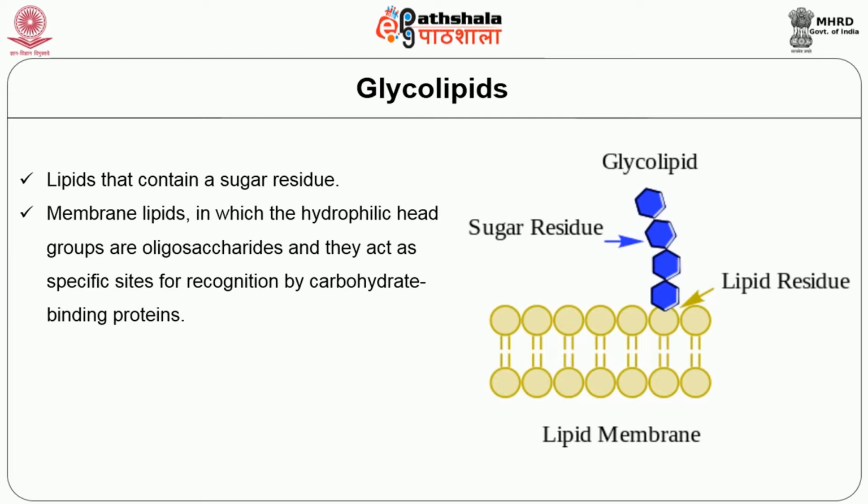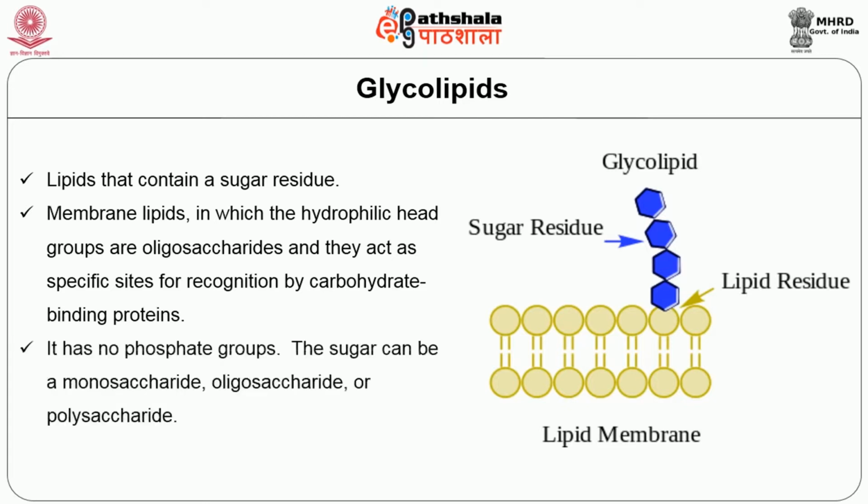Glycolipids are essentially membrane lipids. I once again reiterate that because of their hydrophilic head groups and the presence of the oligosaccharide moiety, they can act as recognition molecules for carbohydrate binding proteins.